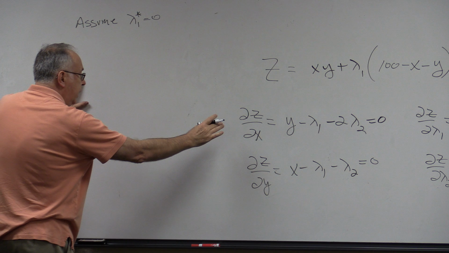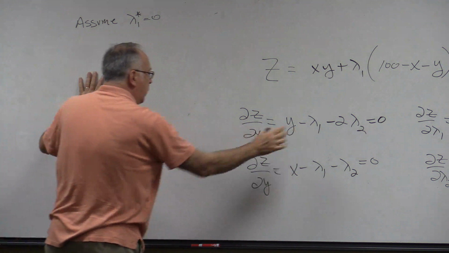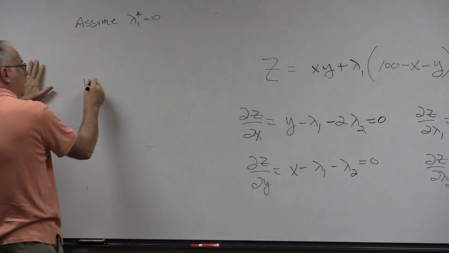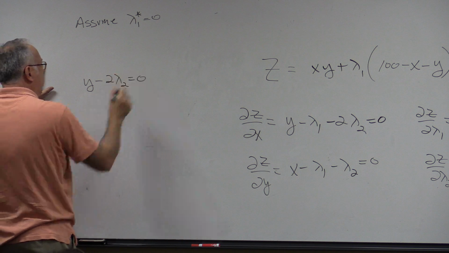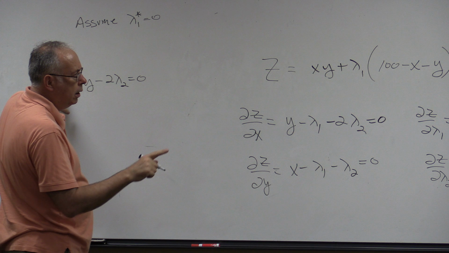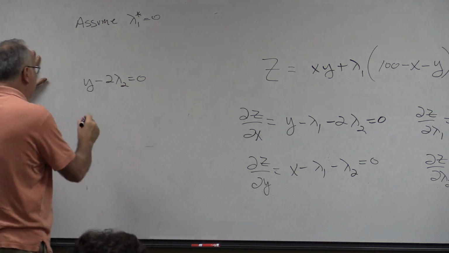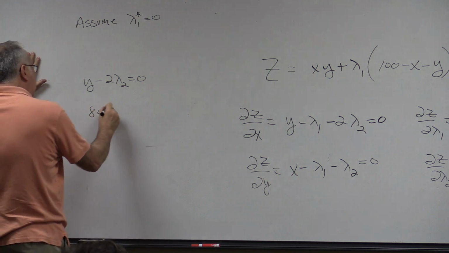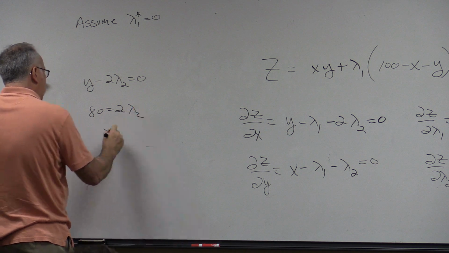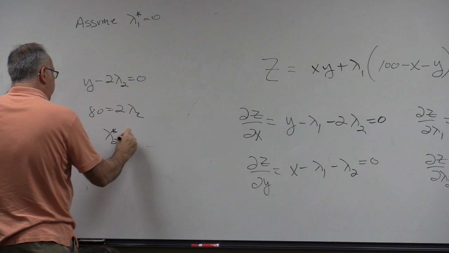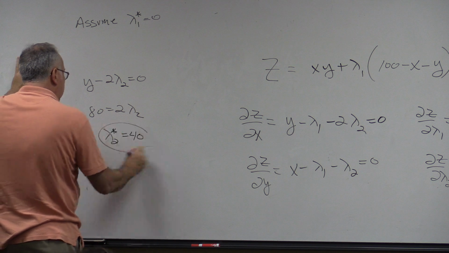From this equation here, notice what we get. Y minus 2 lambda 2 equals 0. Y star was equal to 80. So this would be 80 equals 2 lambda 2. Lambda 2 star is 40. That's good.